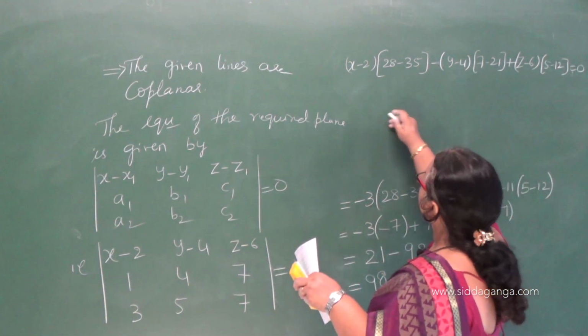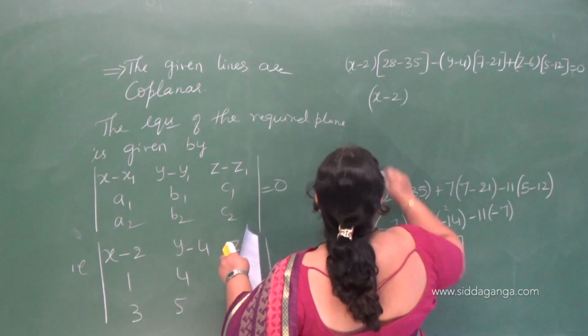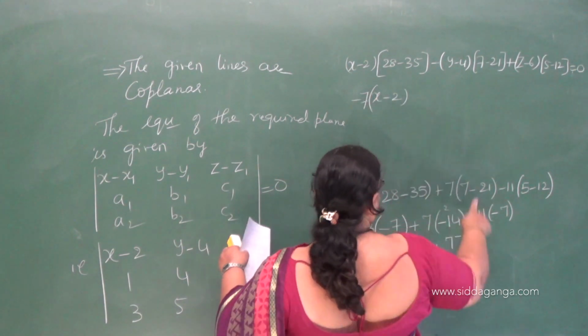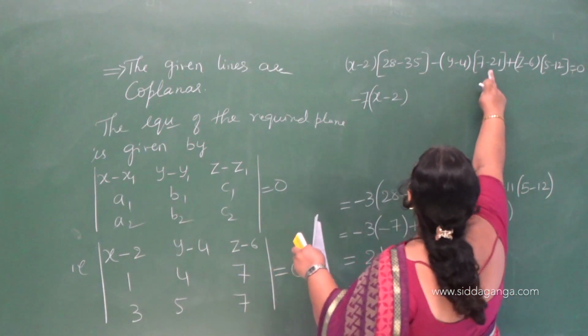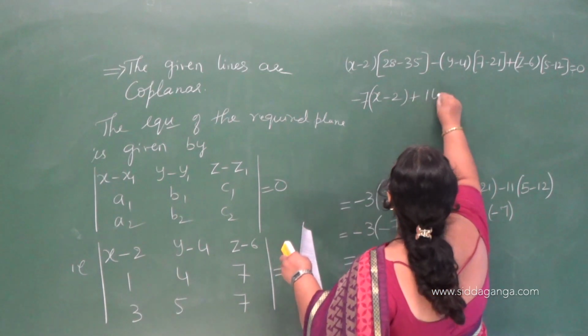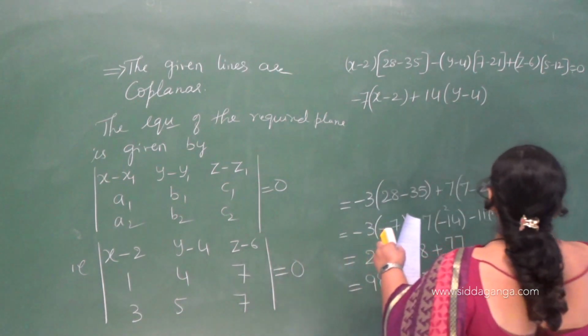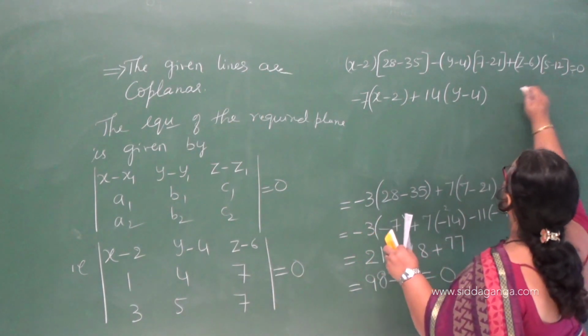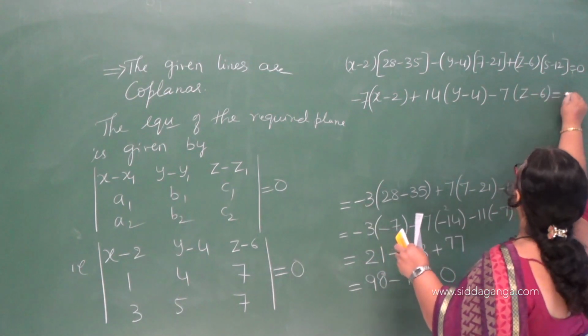That is (x minus 2) into minus 7, next minus 14 comes, so minus into minus plus 14 into (y minus 4), 5 minus 12 is minus 7 into (z minus 6) equal to 0.